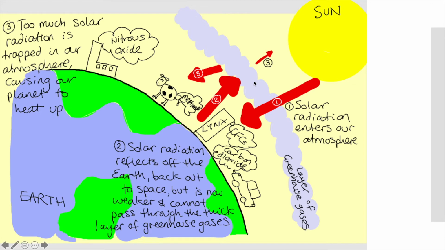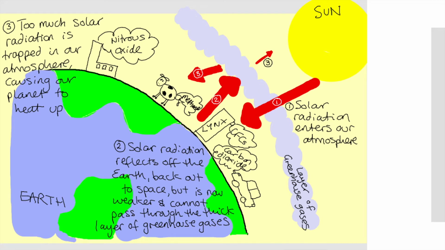And then there's too much solar radiation trapped in our atmosphere, causing the planet to heat up. So originally this one layer, the greenhouse layer of gases, was a little bit like a really thin duvet, where if it's warm inside your bedroom, the heat can get through your duvet to you. But eventually, if that duvet gets too thick, instead of you warming up nicely, you end up getting too hot.